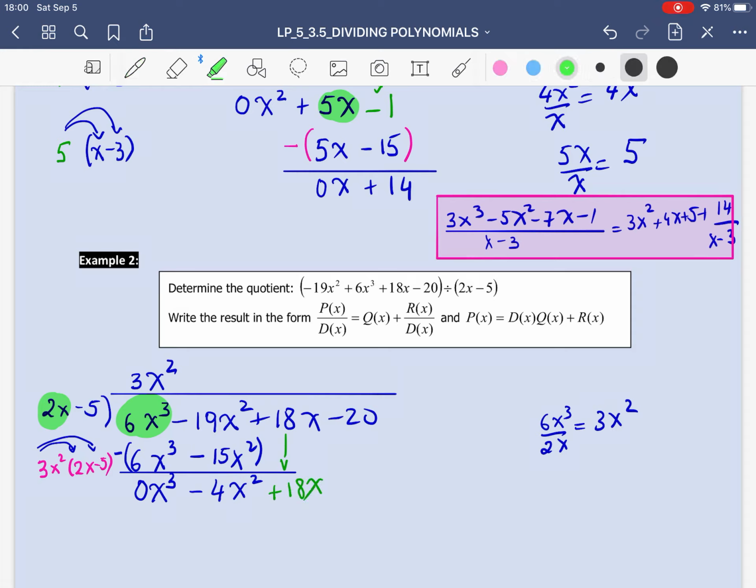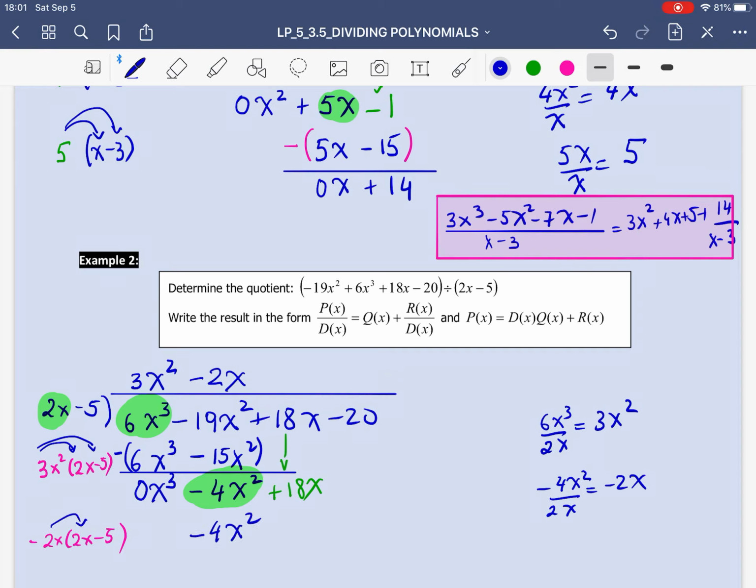Same thing again. We're going to check and see how many times 2x goes into negative 4x squared. So negative 4x squared divided by 2x is negative 2x. So negative 2x times 2x minus 5. Negative 2x times 2x is negative 4x squared. Negative 2x times negative 5 is plus 10x.